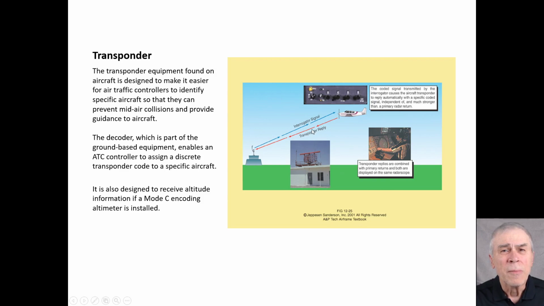So if there's another aircraft coming in from the same direction but at a much higher altitude, it can differentiate between the two and see that they're not actually going to collide.